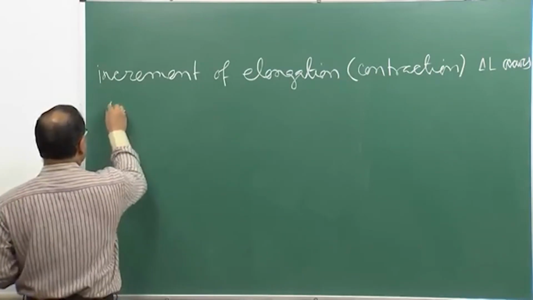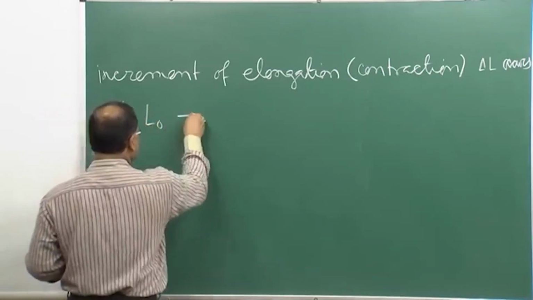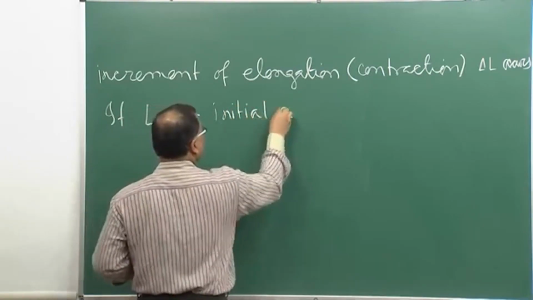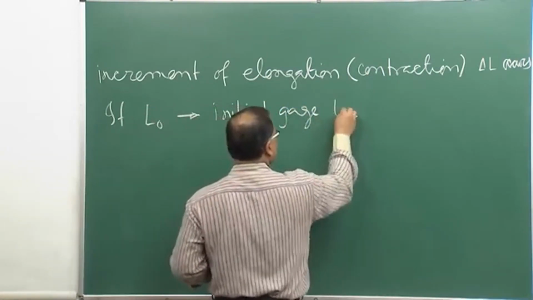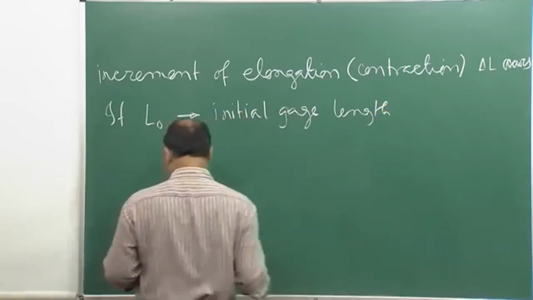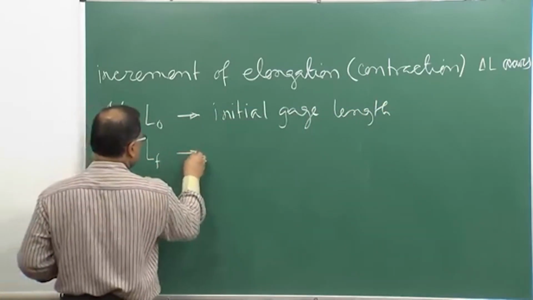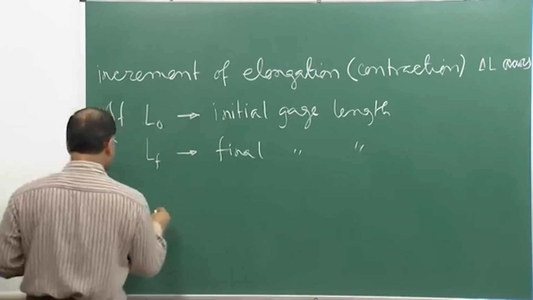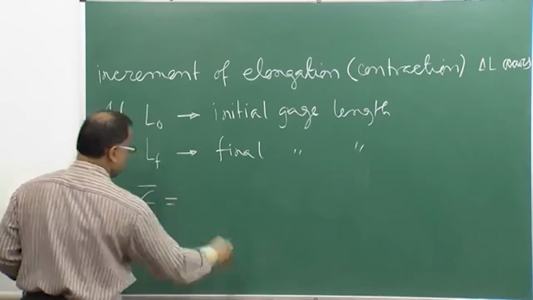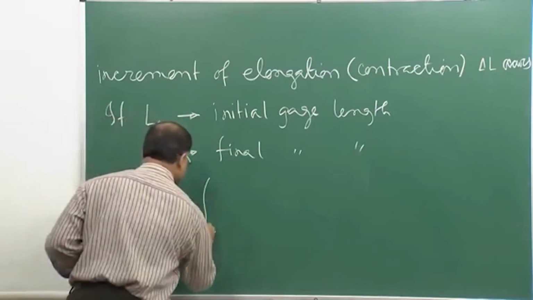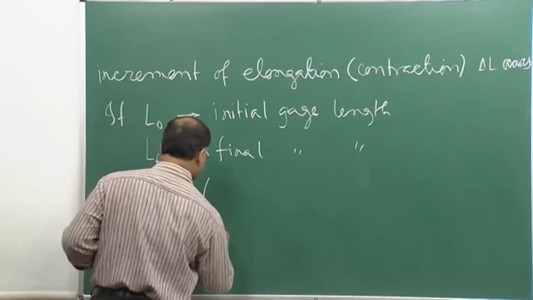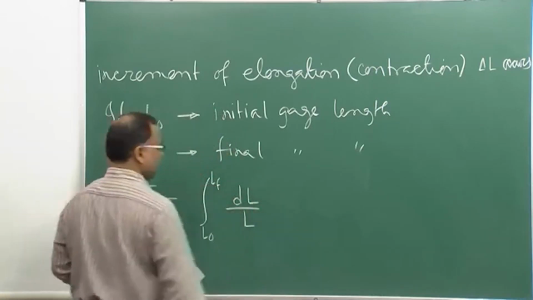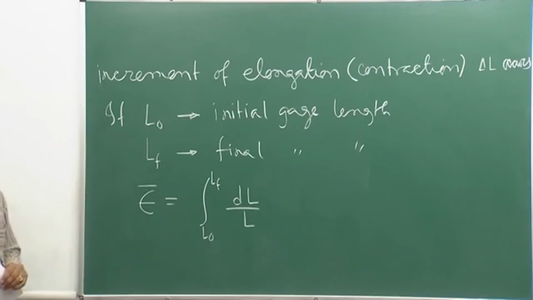So, if your L naught is your initial gauge length, and say LF is your final gauge length, then basically your true strain can be expressed as the integration L naught to LF dL by L, right, very clear.